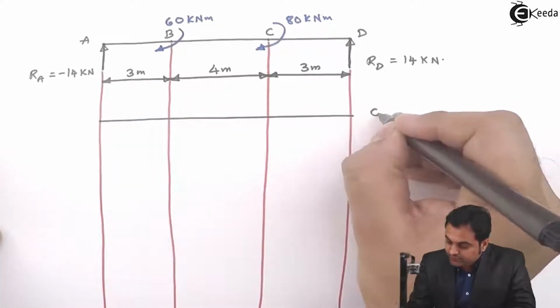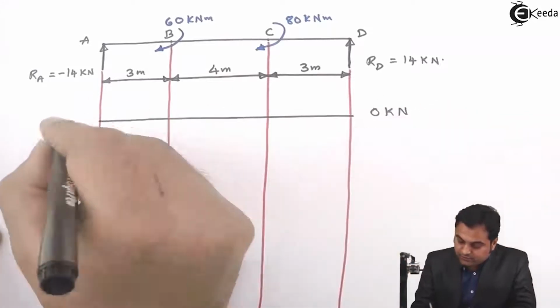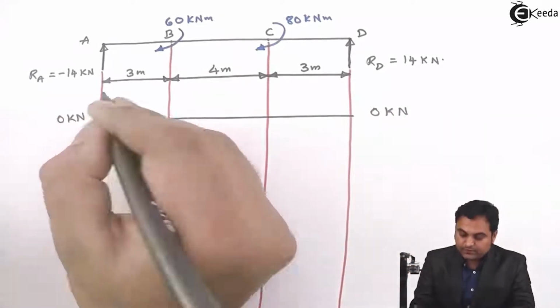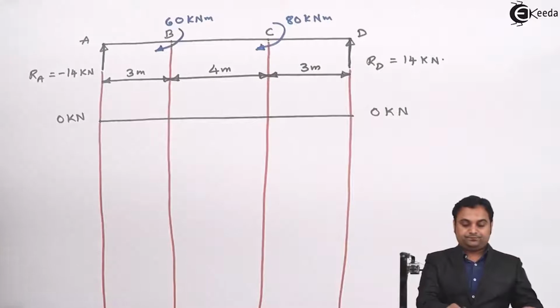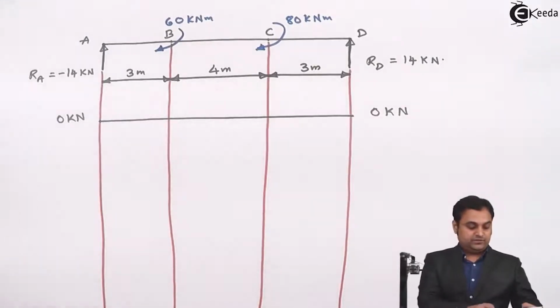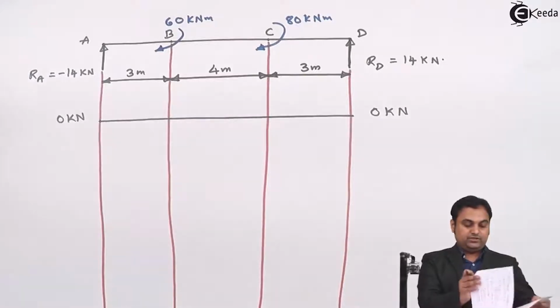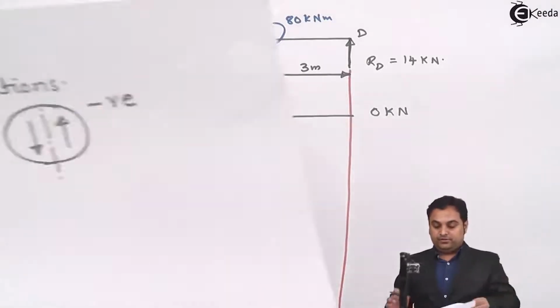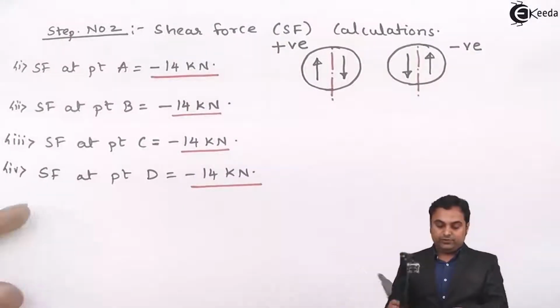Here I am drawing a horizontal line which has 0 kilonewton shear force. Then the values of shear force at each of the locations are the same here, that is minus 14 kilonewton.